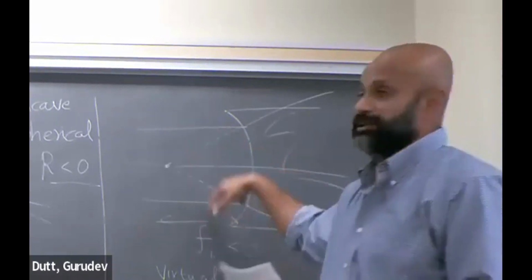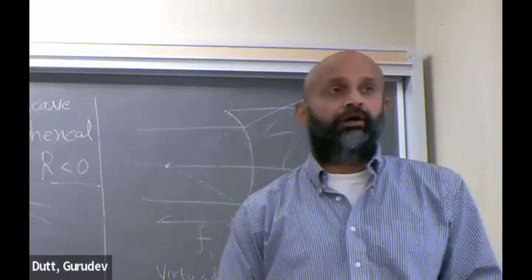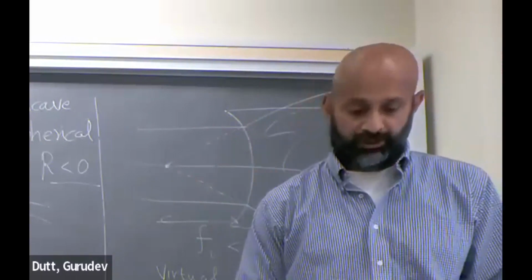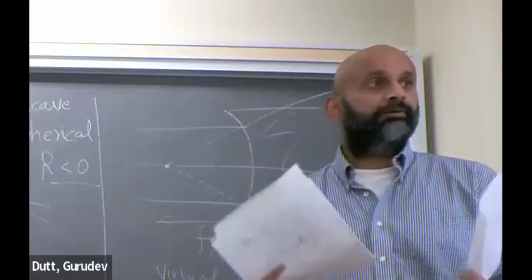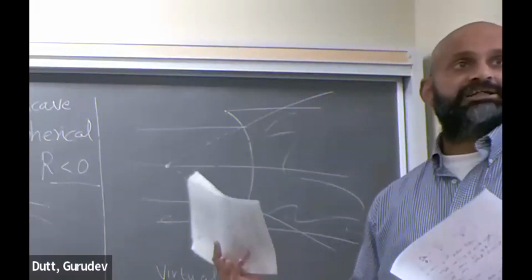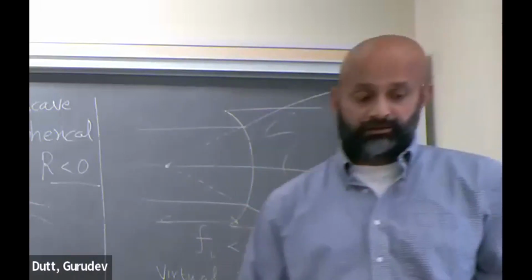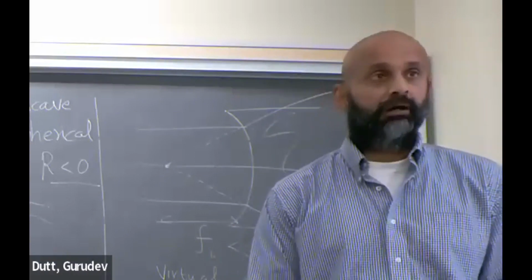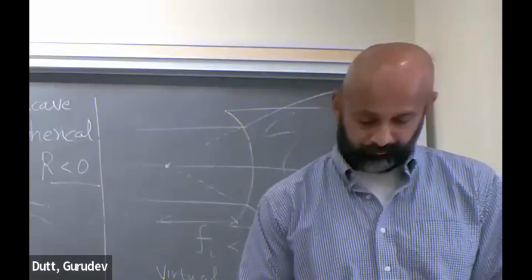Of course, as soon as I put another lens here, like a camera, things change. This whole system looks different now, and we would have to solve the ray equations there. But that's the physical way we think about it. The intuition for the ray tracing is that it appears as if these rays are diverging away, and we can make them appear to be emanating from this point, which is a virtual image point.